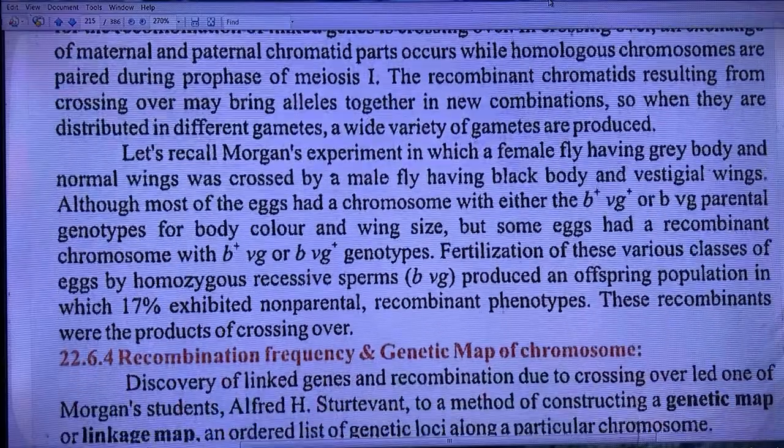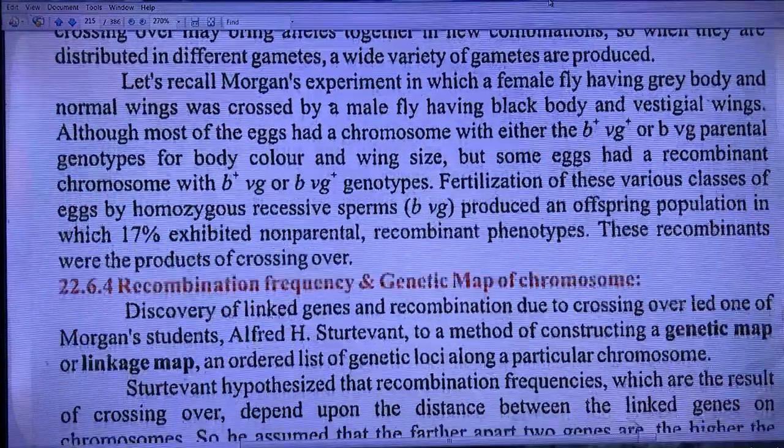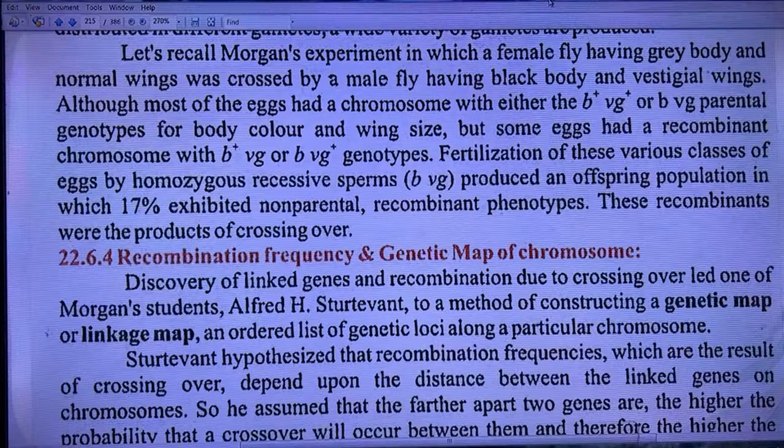Let's recall Morgan's experiment in which a female fly having gray body and normal wings was crossed with a male fly having black body and vestigial wings. Although most of the eggs had chromosomes with the parental genotype for body color and wing size, some eggs had recombinant chromosomes.